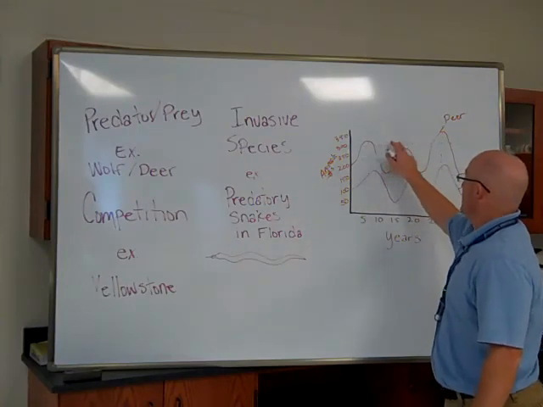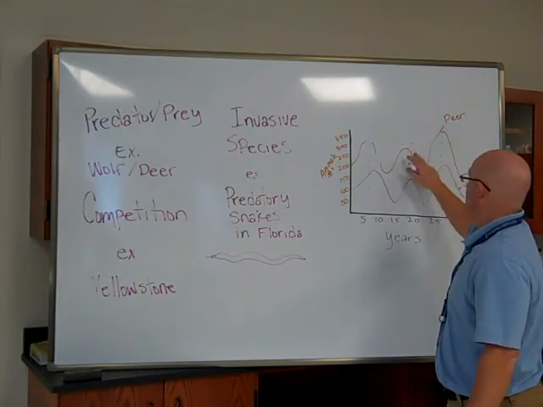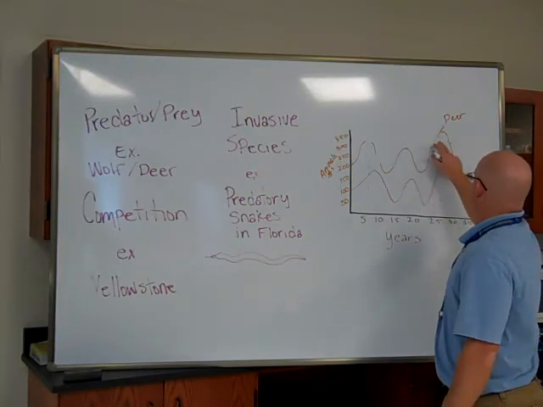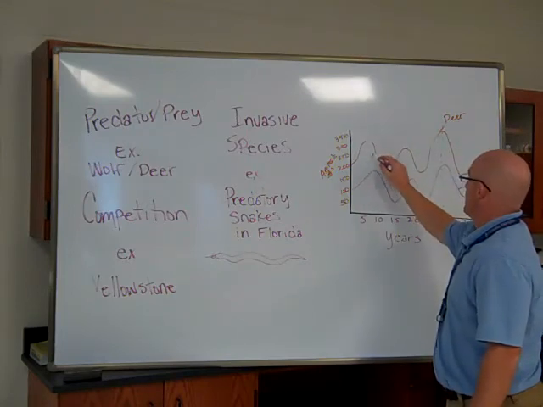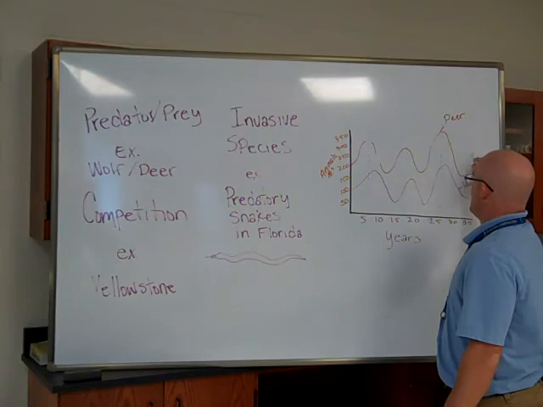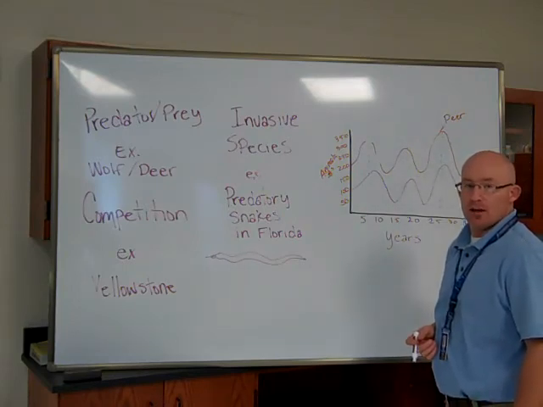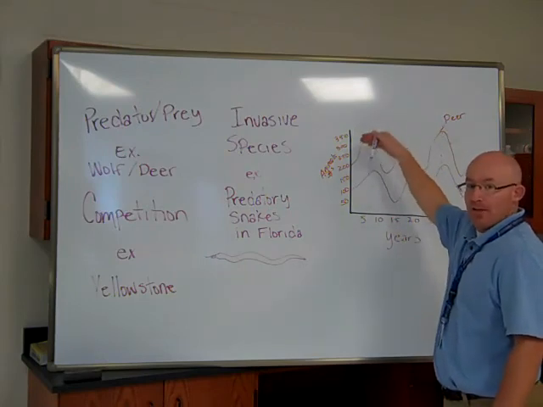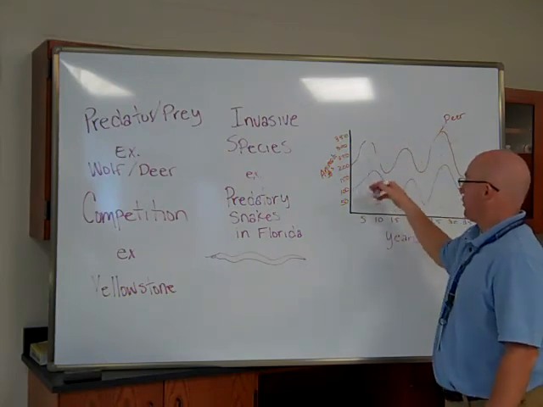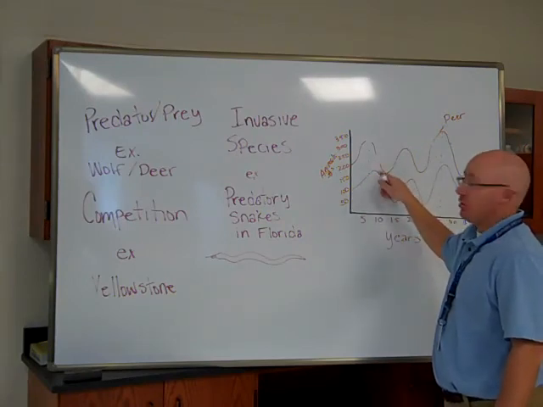So we wouldn't say our carrying capacity is right here at the top of the peaks. We would say that our carrying capacity is probably closer to somewhere here in the middle of the peaks, probably somewhere around 250 deer. This ecosystem can't really support more than that. When they go above that, they drop back down. But it can support more than 200 or 180 here, because when they drop down below there, they always seem to go up.